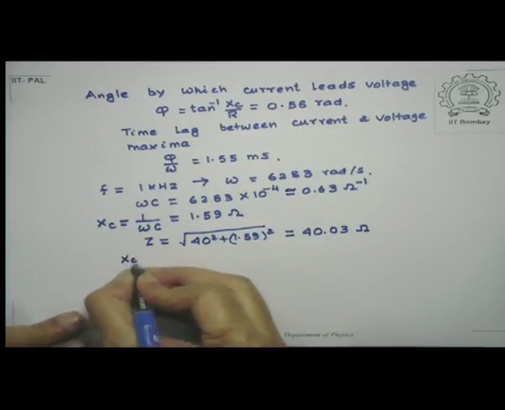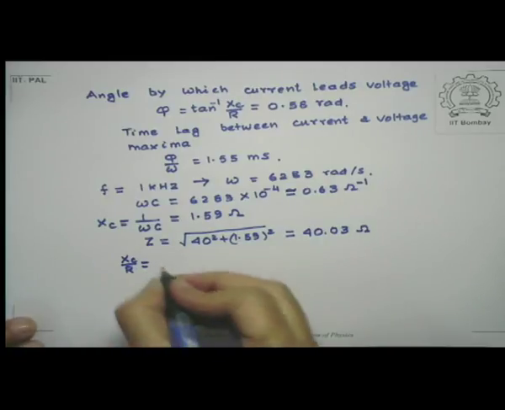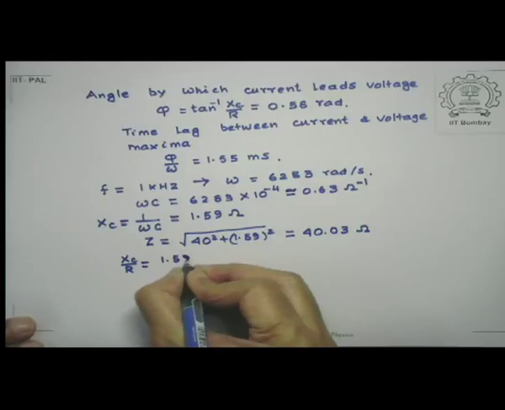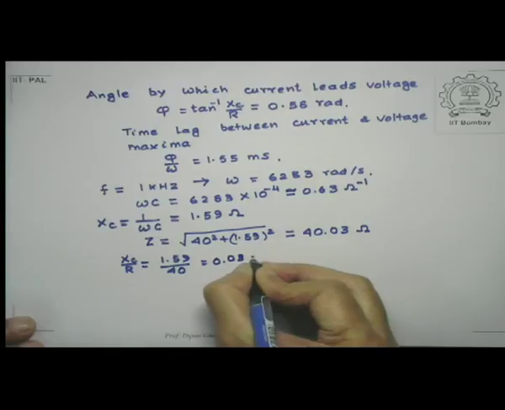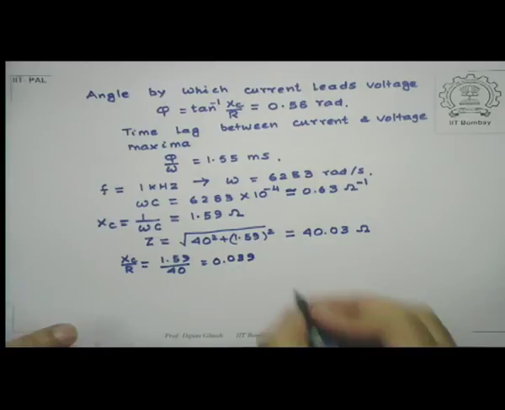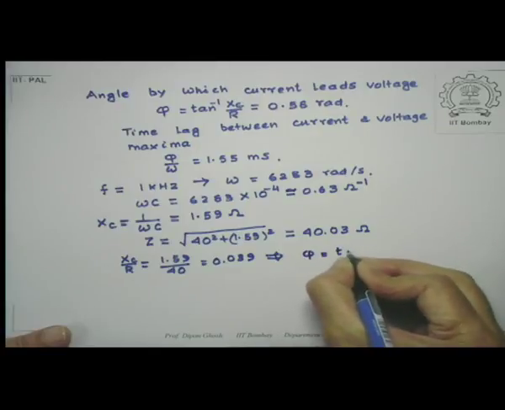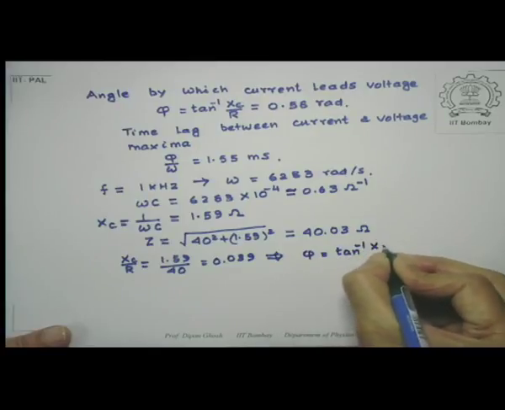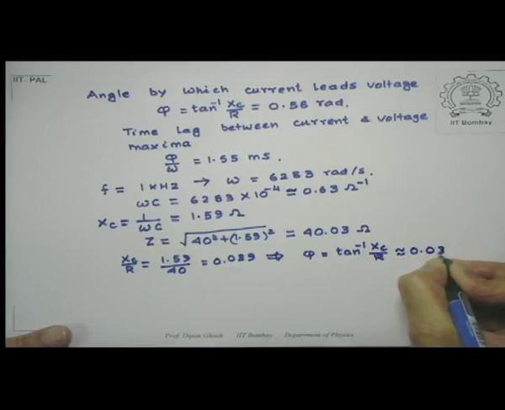Now look at what is my xc by r. Remember, my xc is small now, 1.59. So this 1.59 divided by 40 is equal to 0.039, and correspondingly, since this number is rather small, the phase phi, which is tan inverse of xc by r, also works out to approximately 0.039 radians.